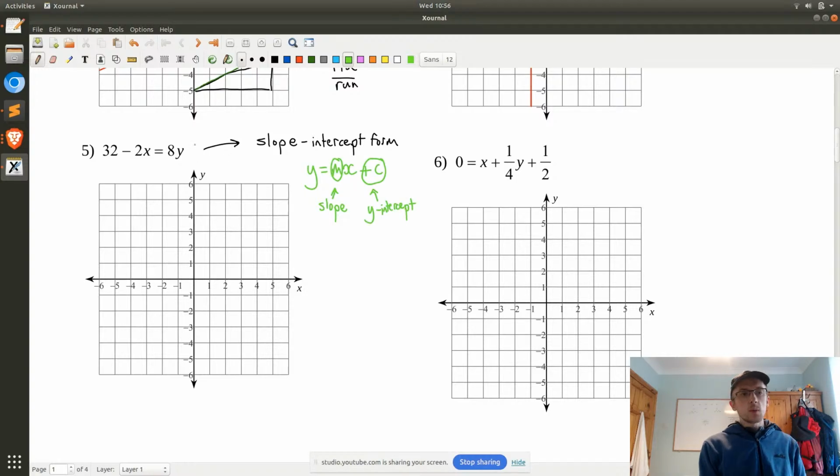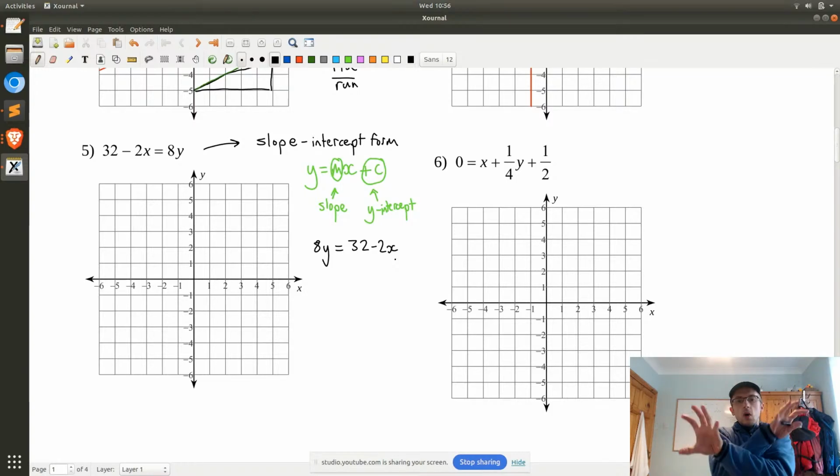But anyway, we've got to get this into slope-intercept form. So how do we do it? Well, you can see that it's nearly there in the first place. Just divide both sides by 8, and you're good to go. I'm going to swap both sides around just because it's easier for me to see it like that. I just picked up the left-hand side and the right-hand side.